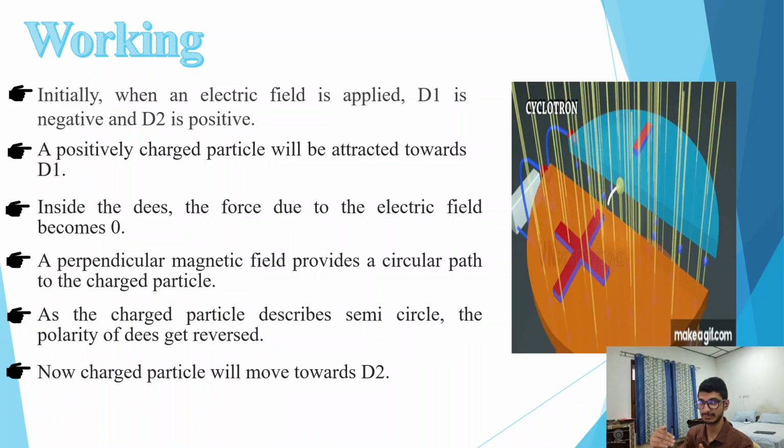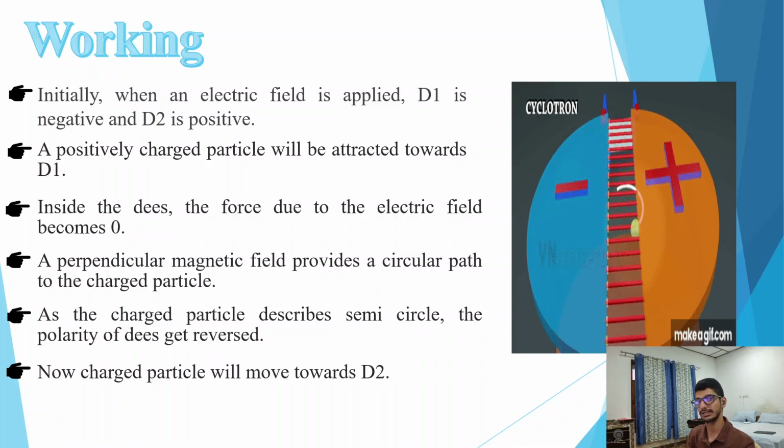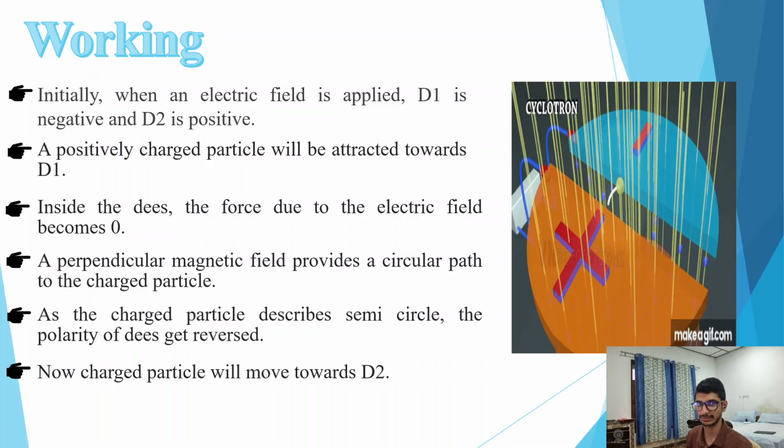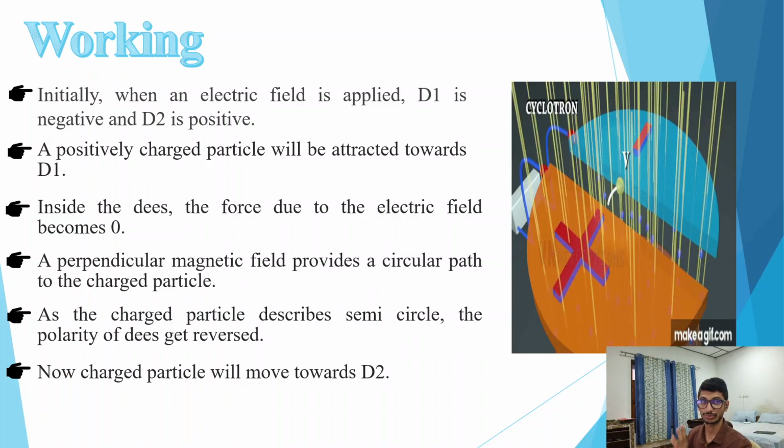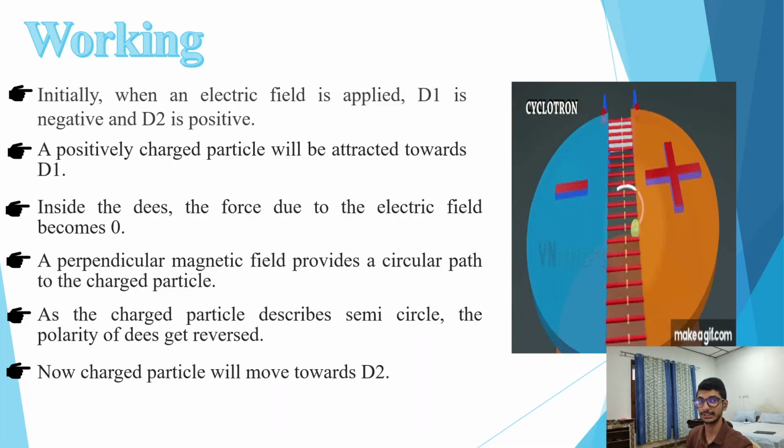And when the positively charged particle describes the semicircle, in the same time polarity gets reversed, D2 becomes positive and D1 becomes negative. So now it will move toward the negatively charged D.